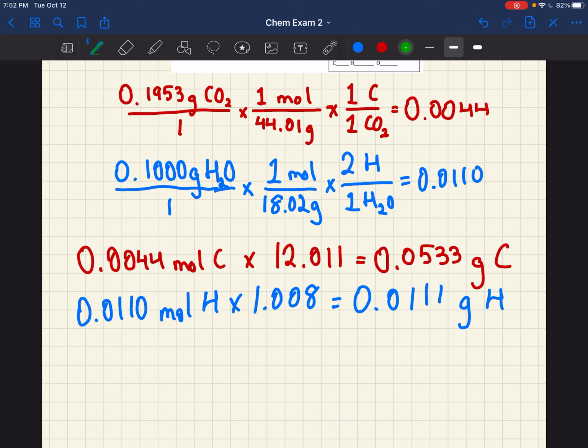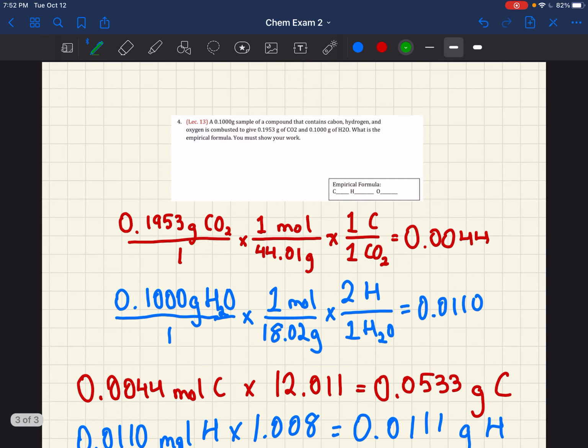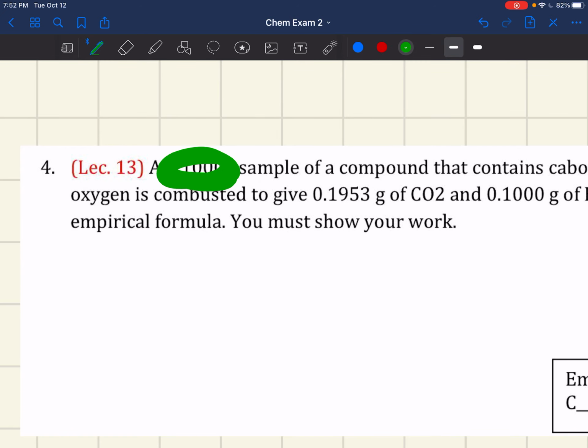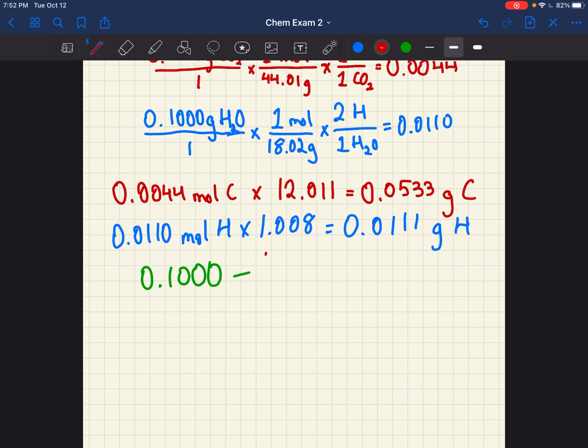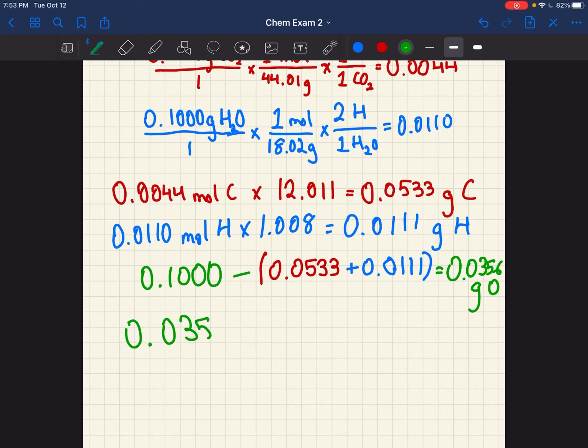And now, what you want to do to find the oxygen is take that total sample mass, this thing right here, and subtract 0.0533 plus 0.0111, and it'll end up equaling about 0.0356 grams of O. So now we have the grams of O, but what we really want is the moles of O. So we'll take that and put it over the arbitrary 1, and 1 mole of O. What's the molar mass of O?